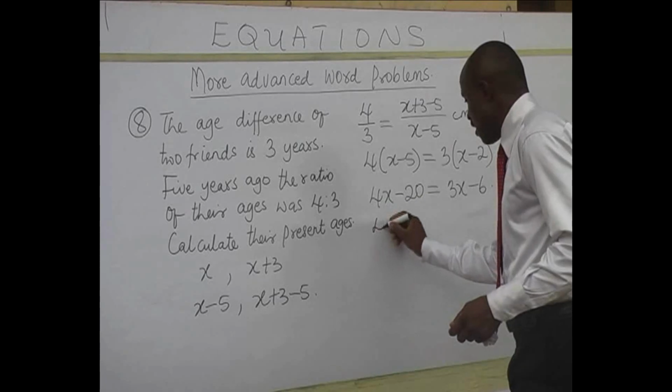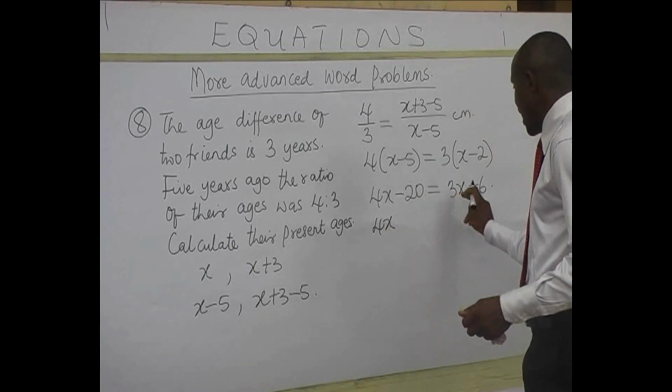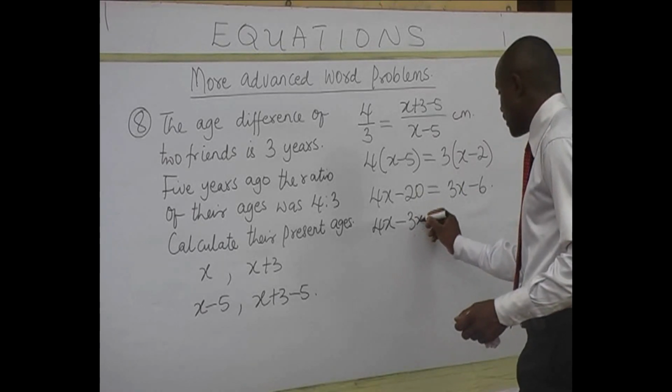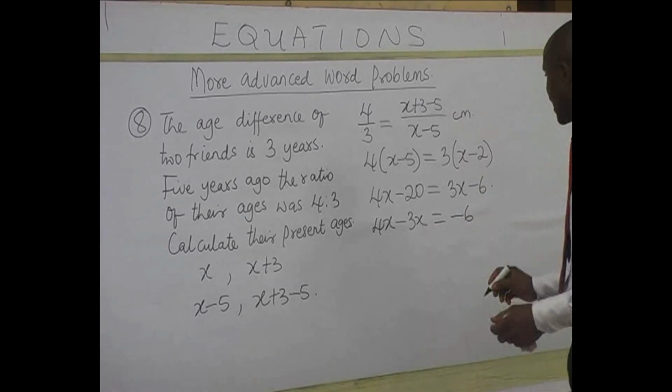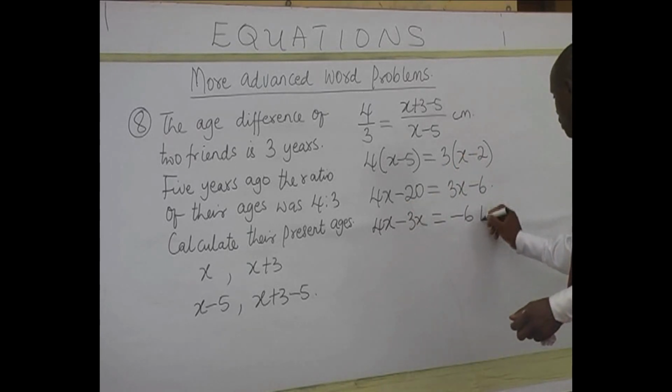Collect like terms now. In the left hand side of the equation we have 4X. Bring 3X from the right hand side to the left hand side to change to minus 3X. It's equal to, already we have minus 6 in the right hand side. Bring minus 20 to the right hand side to change to plus 20.